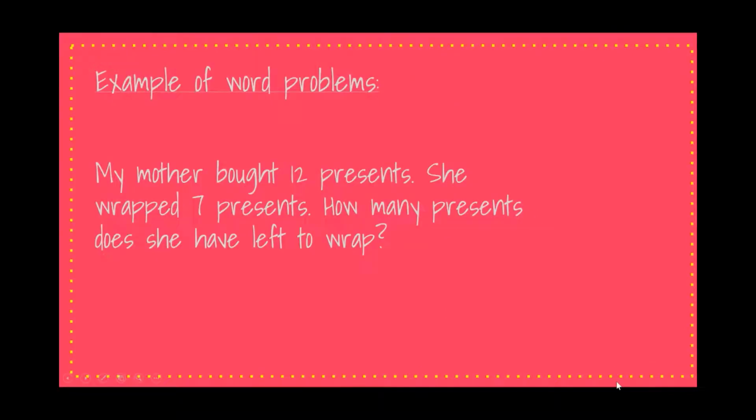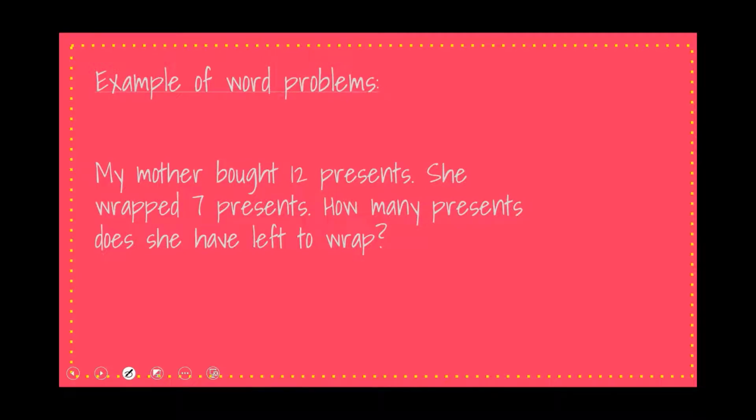Now, let's look at some examples of word problems. This first example says, my mother bought 12 presents. She wrapped 7 presents. How many presents does she have left to wrap? Now, let's see if they followed the steps that I showed you earlier.